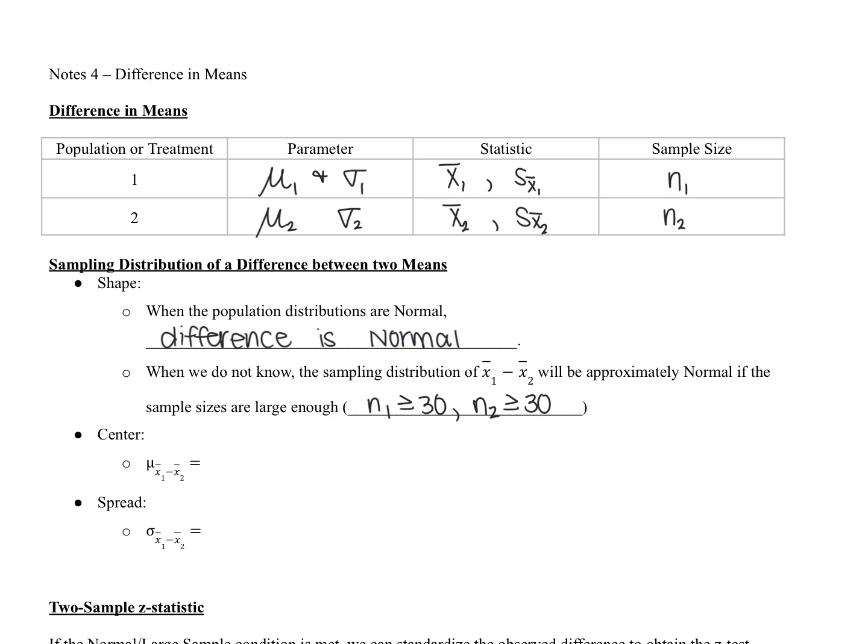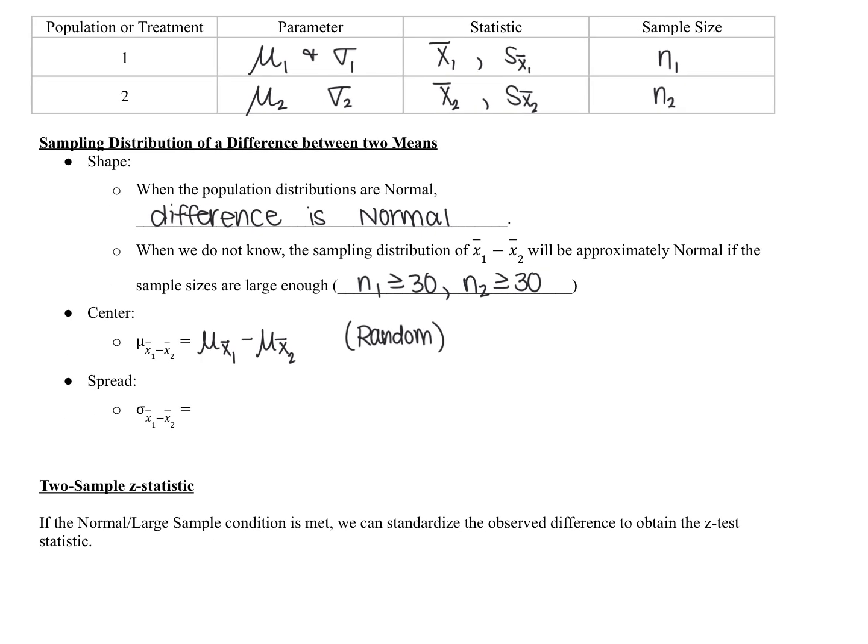For the center of our difference, the mean, mu x1 minus x2, is just to subtract each mean. And again, this comes from randomness, so that can either be random assignment or random selection.